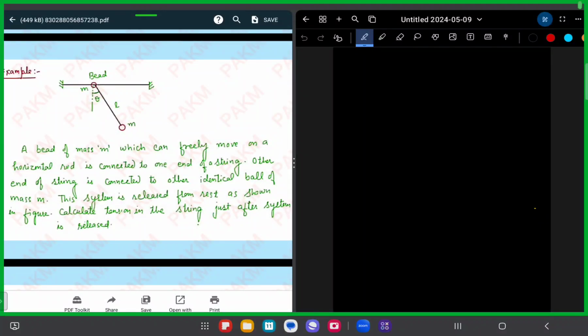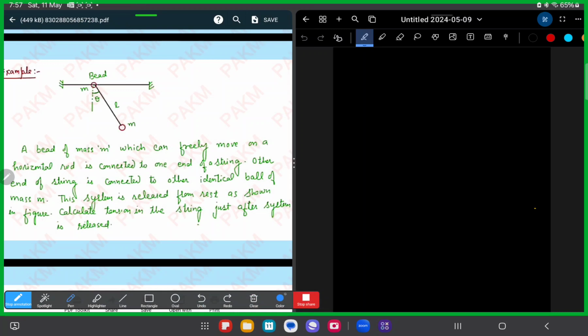Good evening. And this is question number 2. Here we can see a bead of mass m which can freely move.